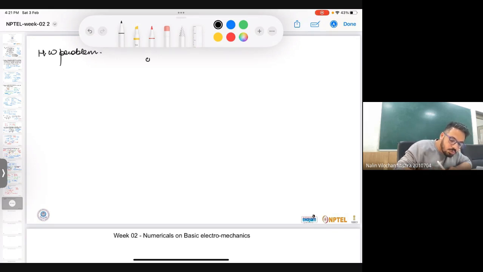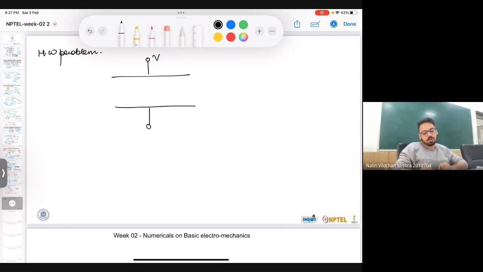There are two capacitances, like a parallel plate capacitor where the potential applied is V, and there are two dielectrics which are stacked like this.